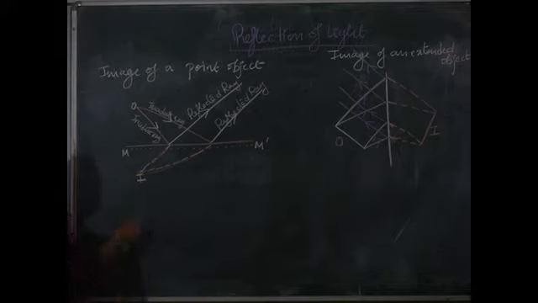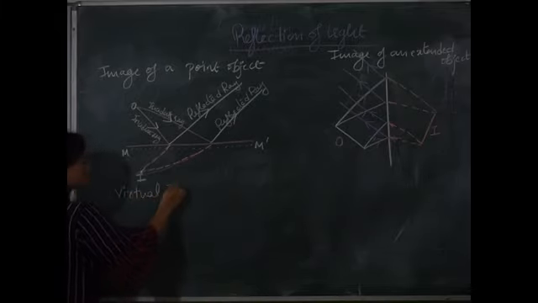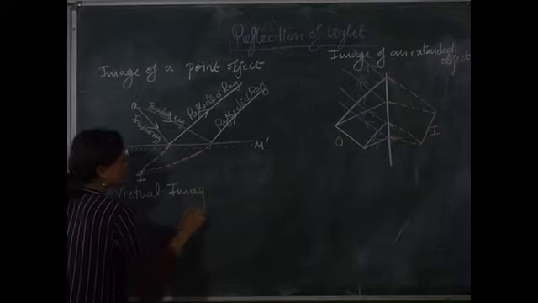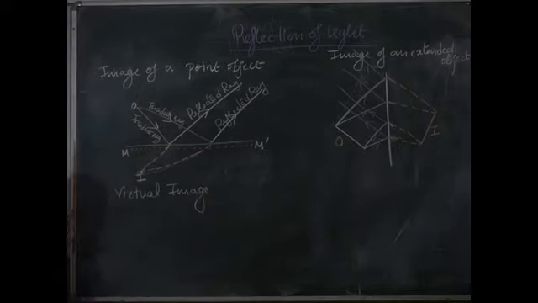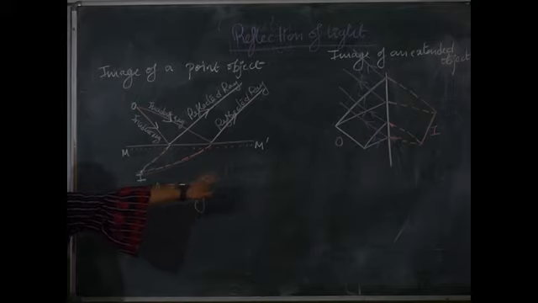At the point where the two reflected rays produced backwards meet, an image is formed. This is your image, which is actually a virtual image. This is the virtual image formed on a plane mirror.